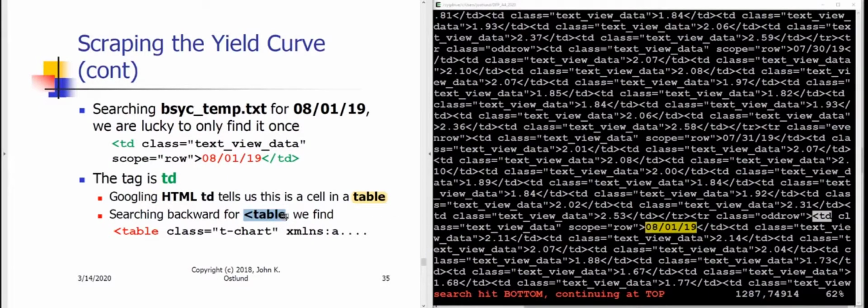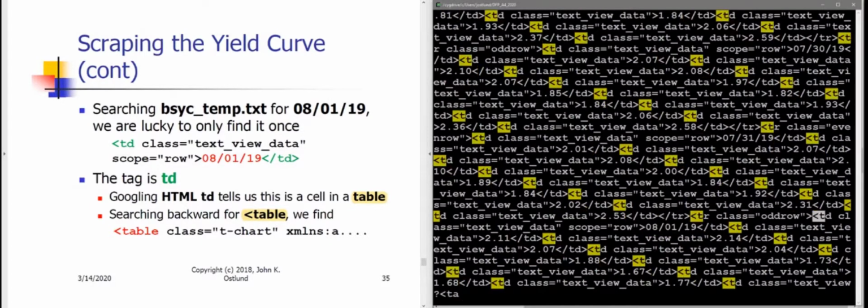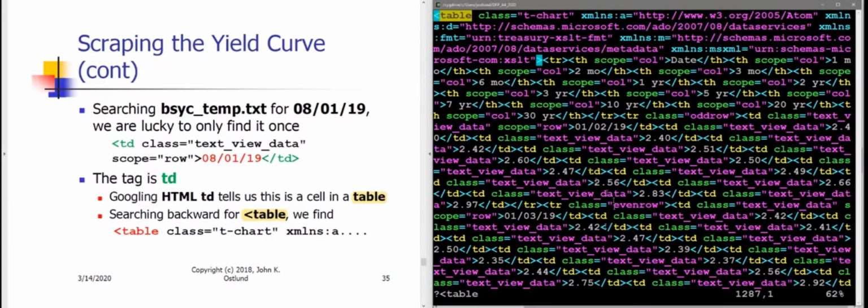The way I search backward in VI, of course this will be irrelevant if you're not using VI, is to press a question mark and then search for less than sign table. And there we are.